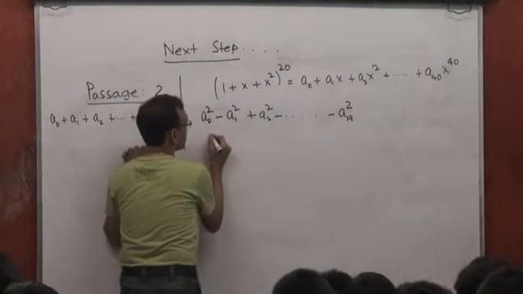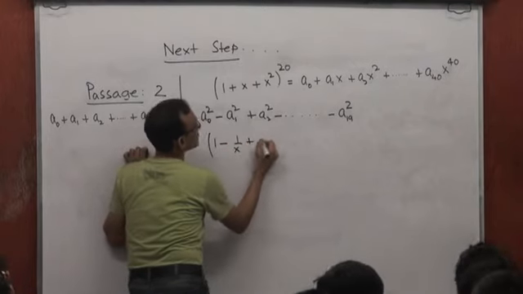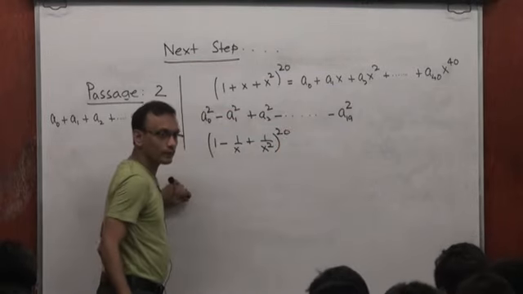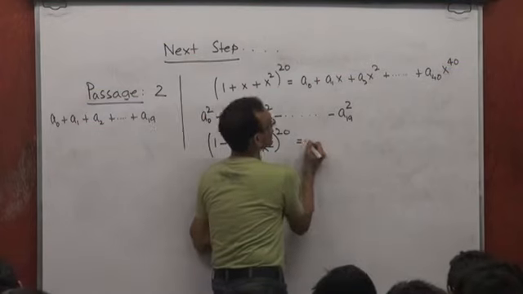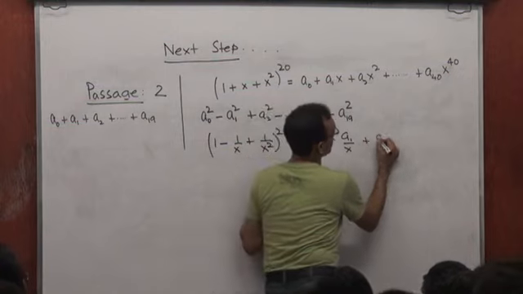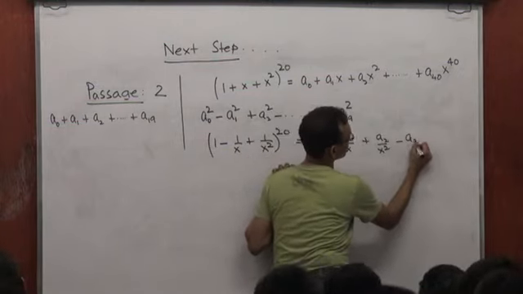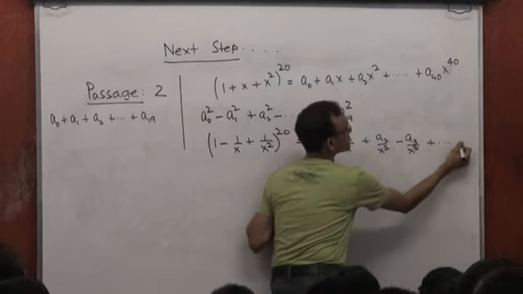Then 1 minus 1 by x plus 1 by x squared, whole to the power 20, replacing x by minus 1 by x, that's a0 minus a1 by x plus a2 by x squared. Yes or no?